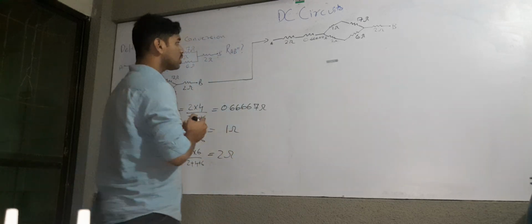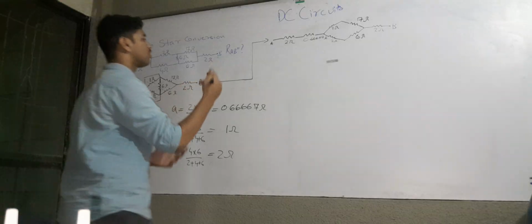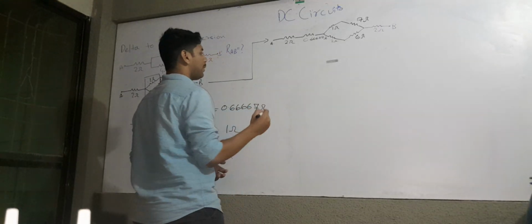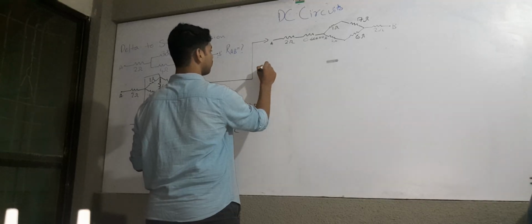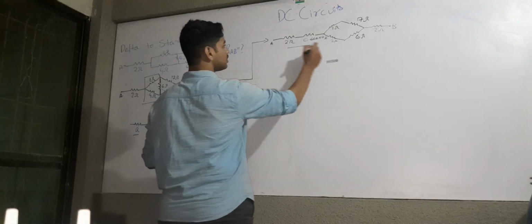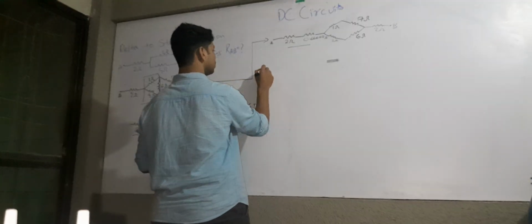So this does not look good to me, although we can solve from here as well, but I prefer doing it in a rectangular fashion. So we club this and that is like this and we go.